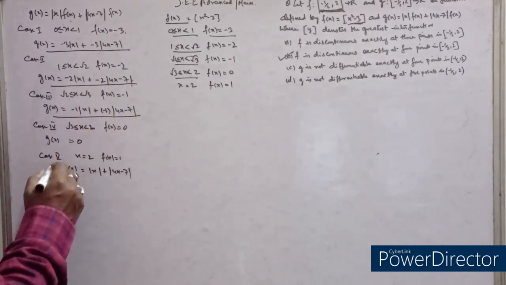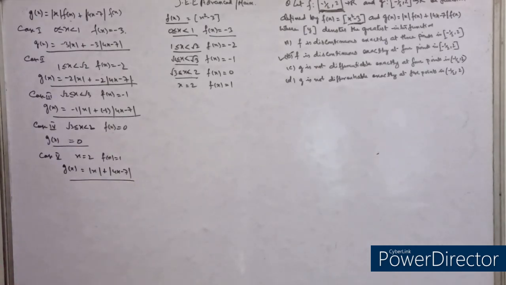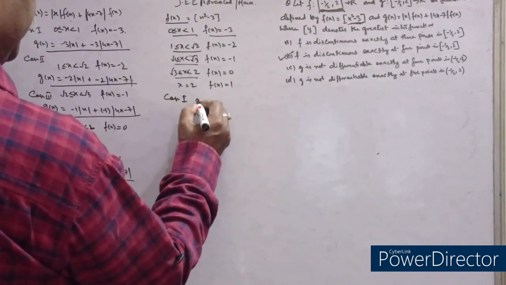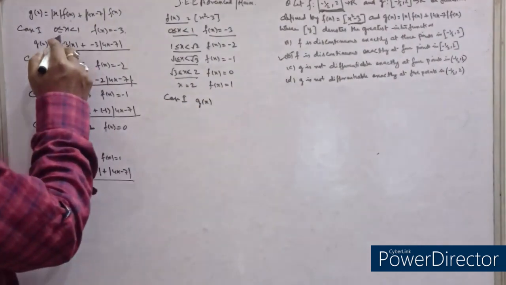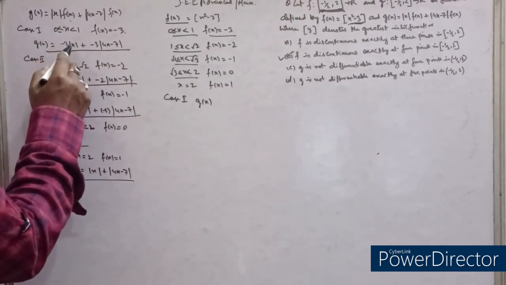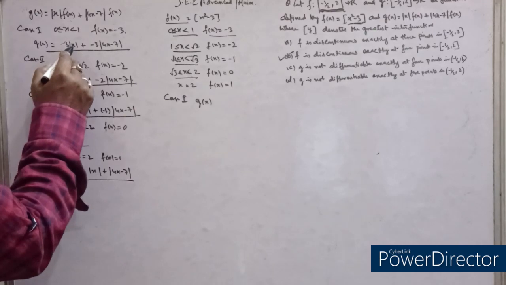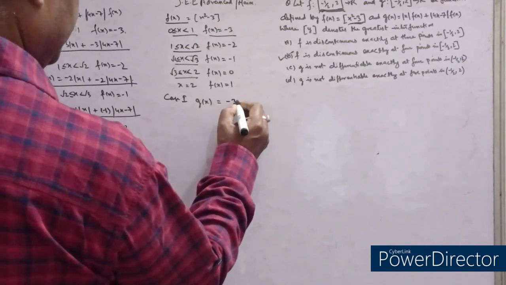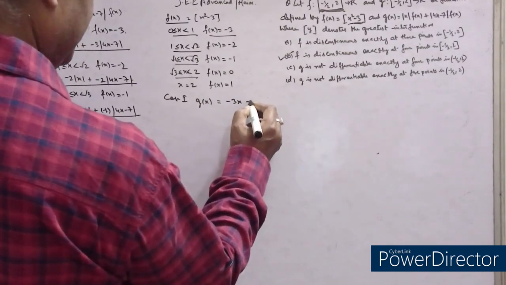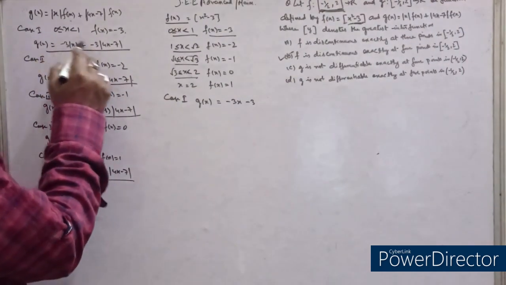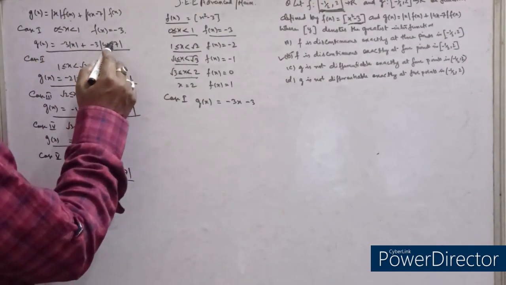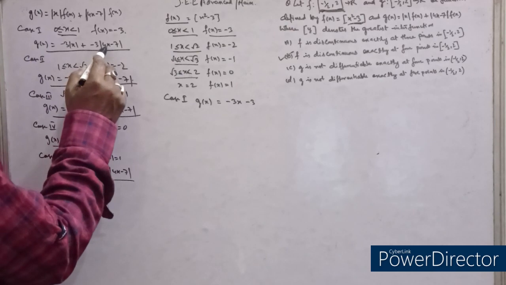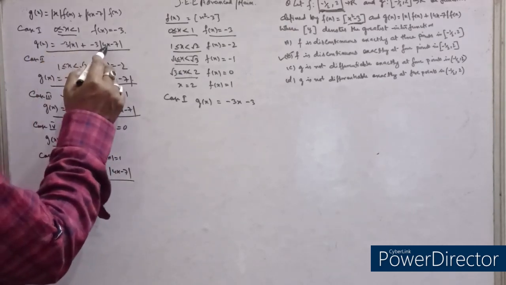From here now I am going to find out the g(x) function. First for case 1, in this interval x will be positive, so this will be minus 3x, and again minus 3 here. In this interval, 4x minus 7 will become negative, because 4 times anything within this interval is less than 7.